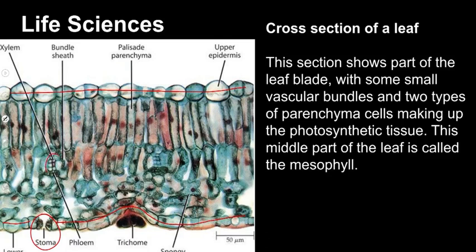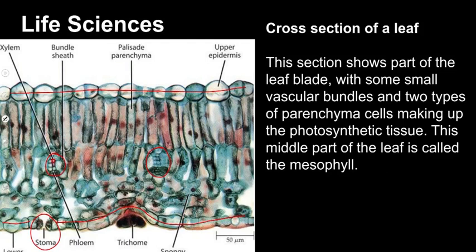Then we find funny little patches here, and those are side veins or vascular bundles containing xylem with its thicker walls and phloem with its thinner walls. So what we can already identify is the epidermis and the vascular bundles.